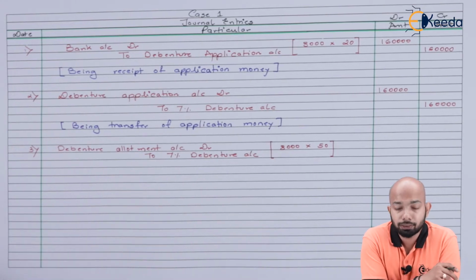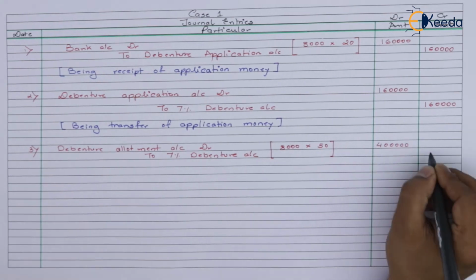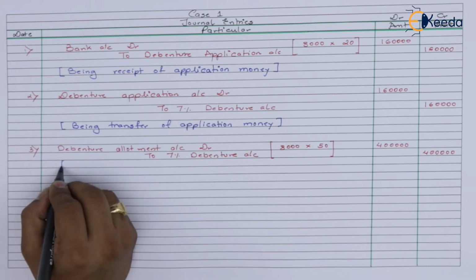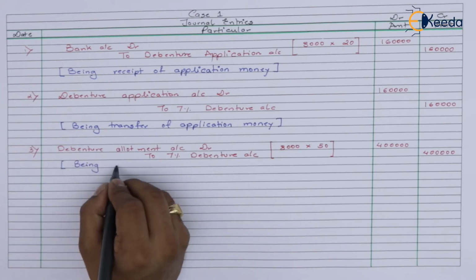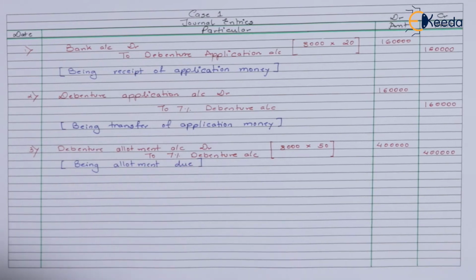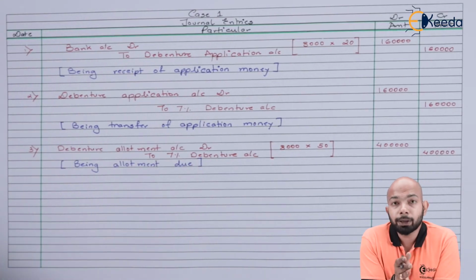Let's mention the amount. So allotment due has been mentioned.